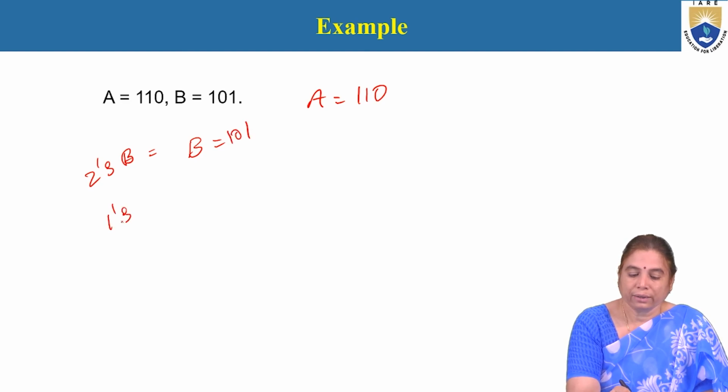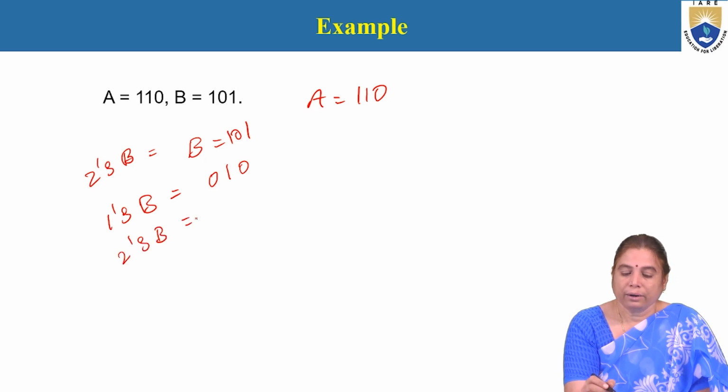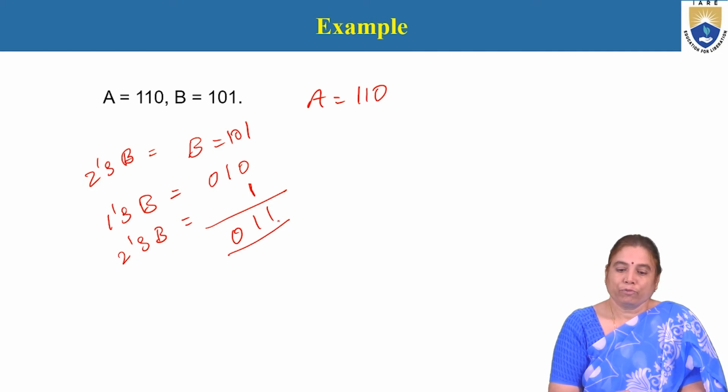First we have to find the 1's complement of B by interchanging 0 as 1 and 1 as 0. So 0, 1, 0 is the 1's complement of B. Now the 2's complement can be done by adding a 1 to the 1's complement. So 0, 1, 1 is the 2's complement of B.